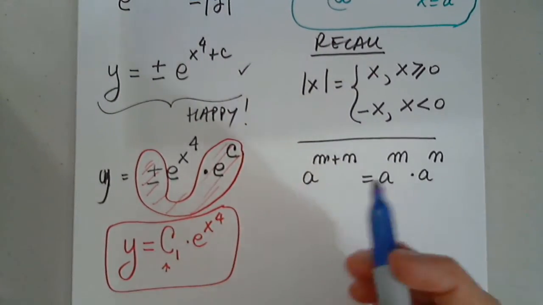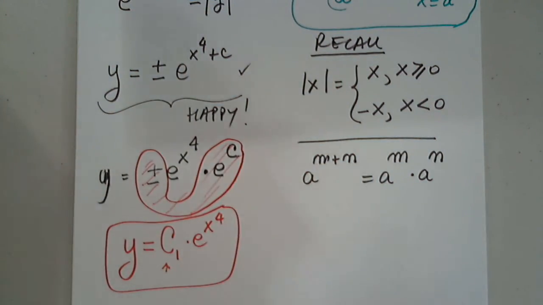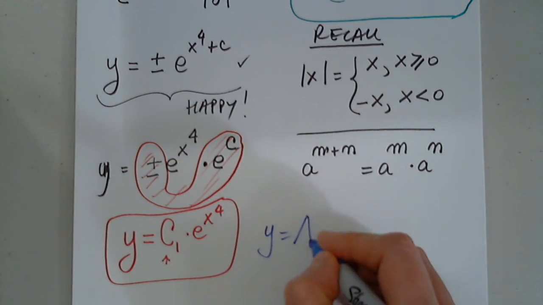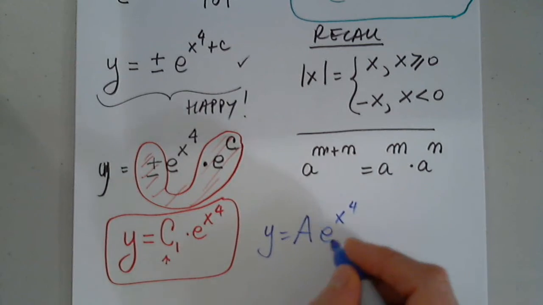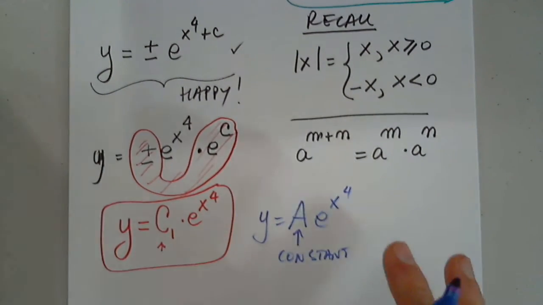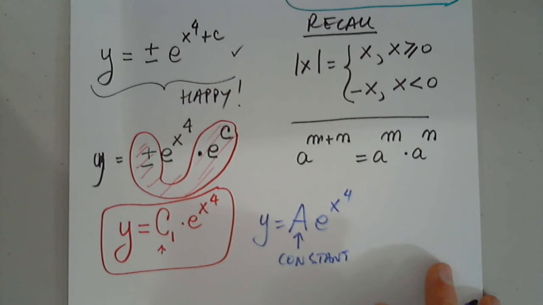We like to condense and say all this is a constant. Call it whatever you like. You want to replace it with anything else? Just say a e to x to the fourth, where this is a constant. I see. So if you were to be given a value for x, you could solve for C1, knowing that it's positive or negative. Yes, and we will look at examples like that.